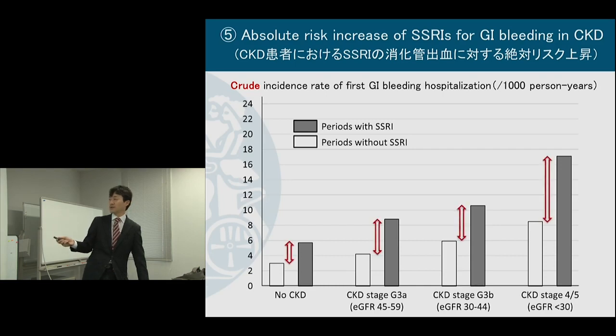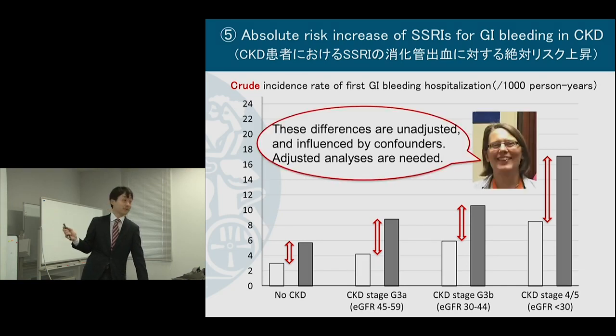So I wanted to discuss, based on this result, that SSRI is not recommended in patients with lower kidney function. But my supervisor came again, and these differences are unadjusted and influenced by confounding factors.